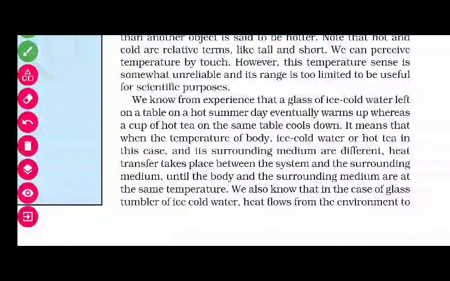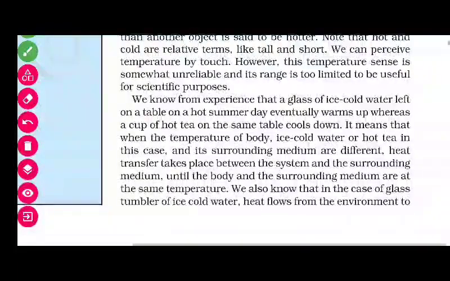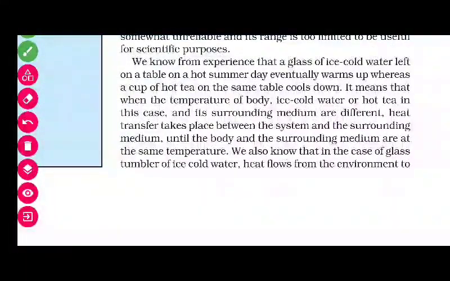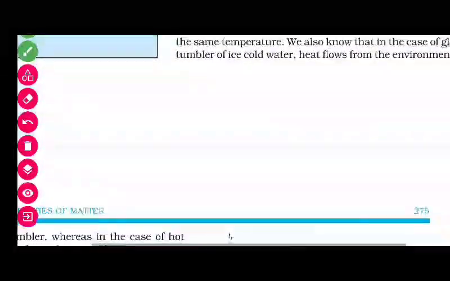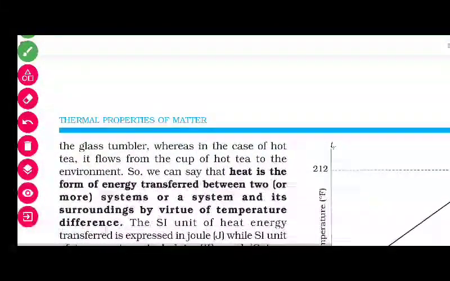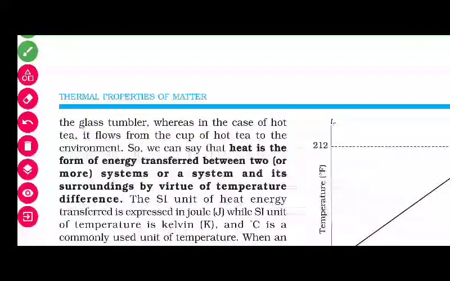Okay, so then we also know that in the case of a glass tumbler of ice cold water, heat flows from the environment to the glass tumbler, whereas in the case of the hot tea, it flows from the cup of hot tea to the environment. Very obvious thing again. A hot cup of tea has very high temperature.